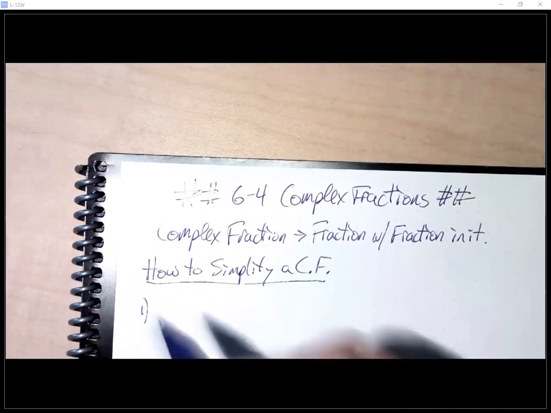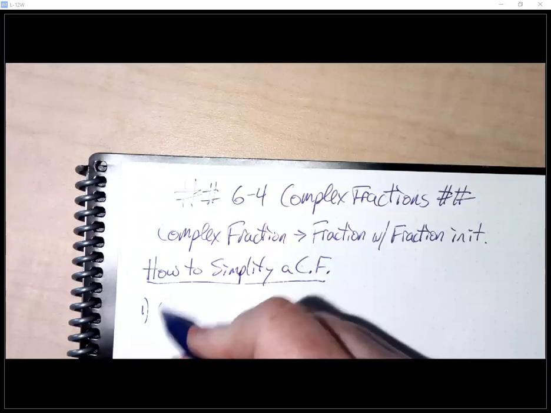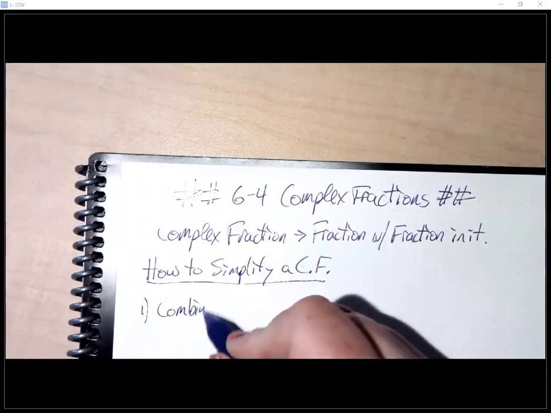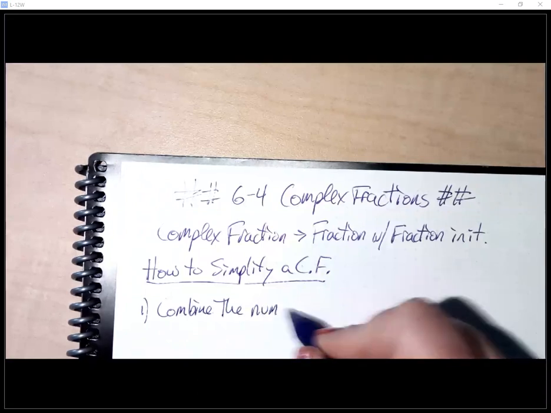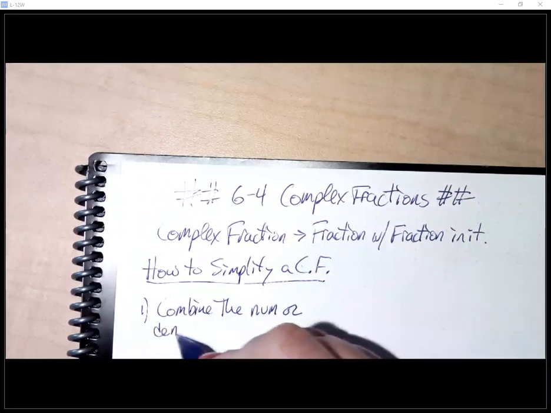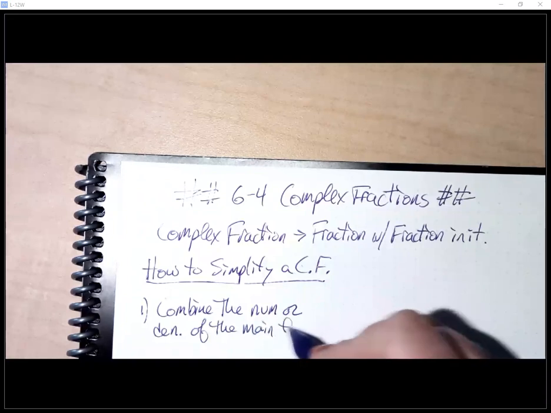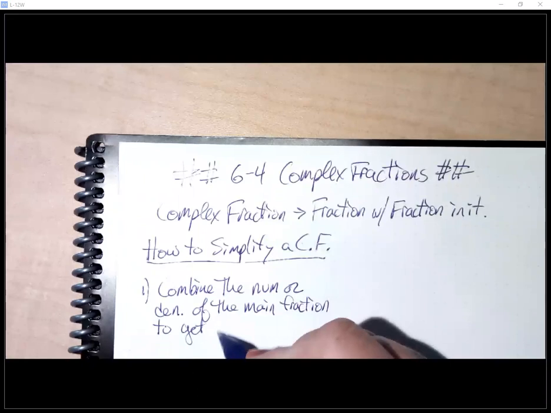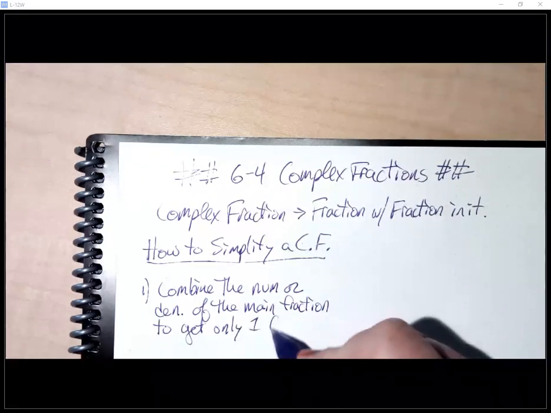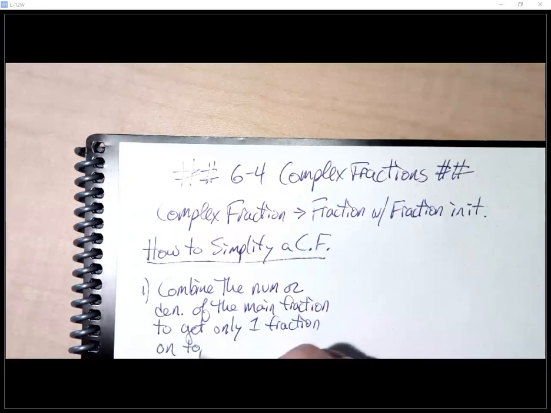So first thing you're always going to do is combine the numerator or denominator of the main fraction to get only one fraction on top and one on bottom.